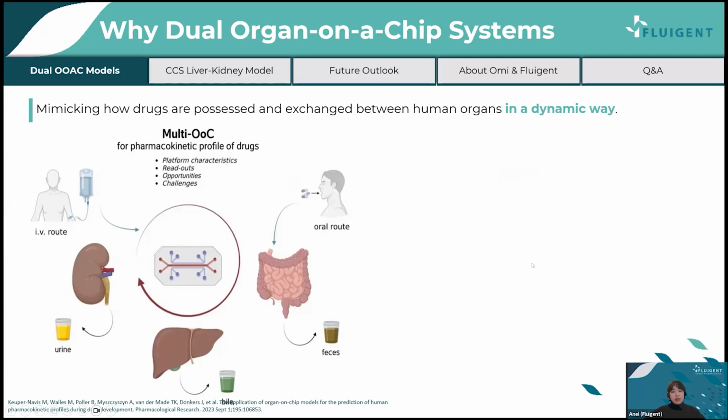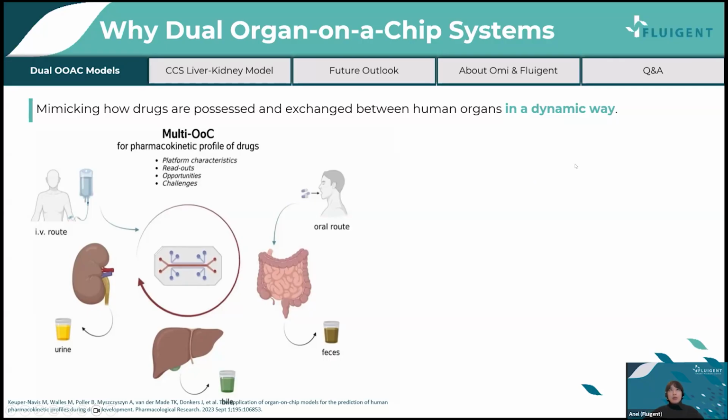In the context of global initiatives, like the FDA Modernization Act and the recent EU directives, there is a higher interest in replacing animal testing. How can it be done?